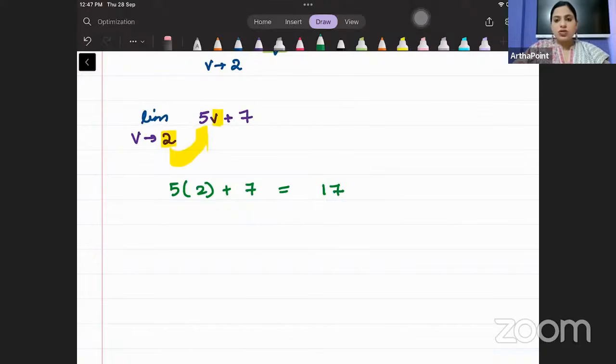Okay, let's take the next question now. In the next question, let's suppose that we have the next theorem, theorem number 2.